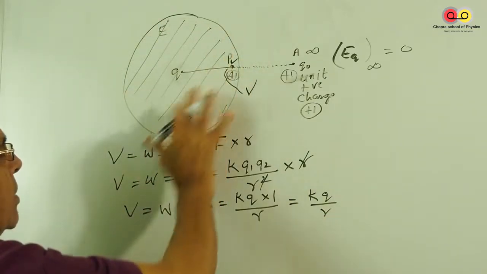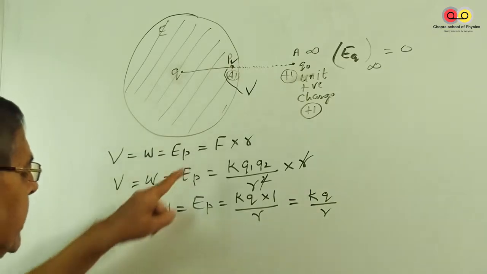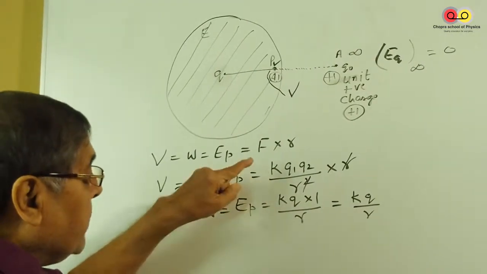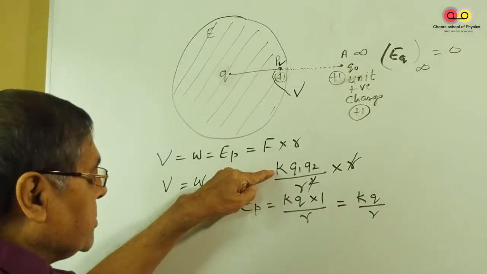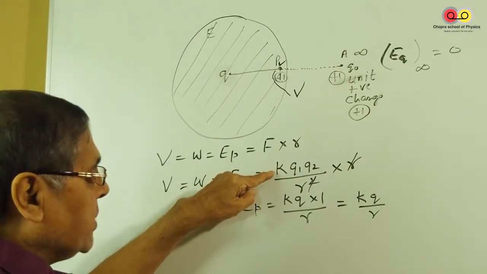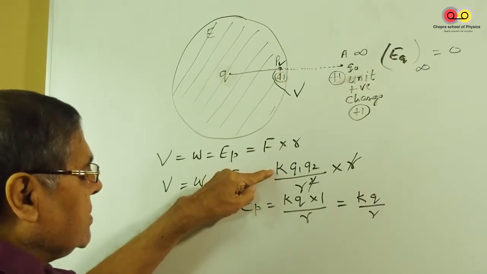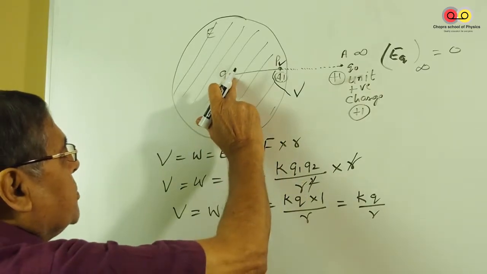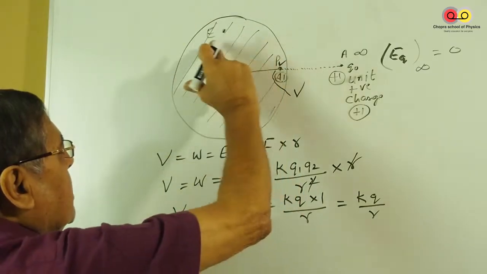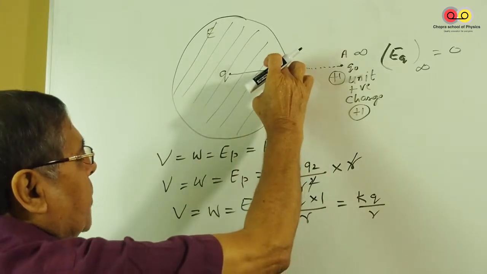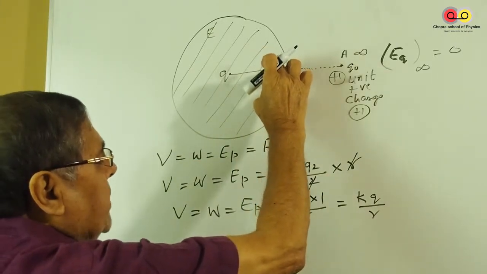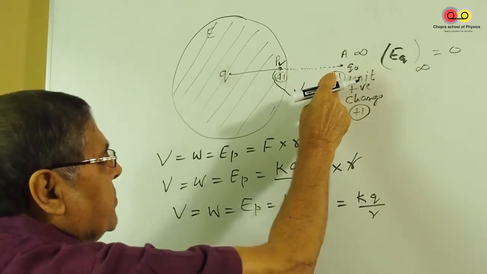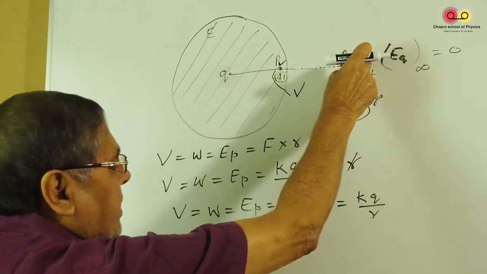Now the whole concept is that finally we are using again Coulomb's law of electrical force. Wherever we use K as a constant, it means we are using the MKS or SI system. So our assumption was Q is a source charge, around the charge is a field, there is a point within the field, and at this point we have to bring a unit positive charge, situated at infinity.